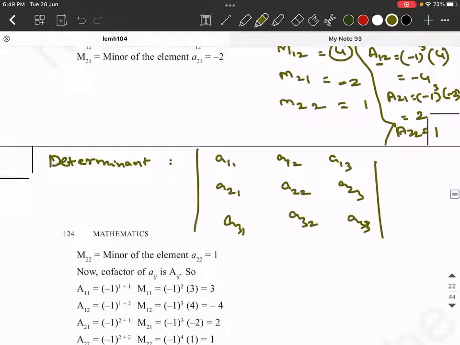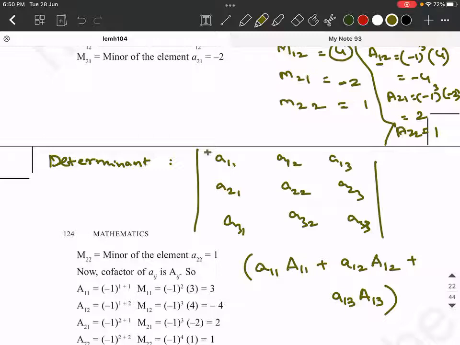It is actually the element multiplied with its cofactor, plus the other element multiplied with its corresponding cofactor, plus the third element multiplied with its corresponding cofactor. This is the actual definition of the determinant, which you'll find in standard books. Now we are able to understand why you put that plus, minus, plus. That minus is actually borrowed from the cofactor. Correct? Here you put plus, here you put minus.